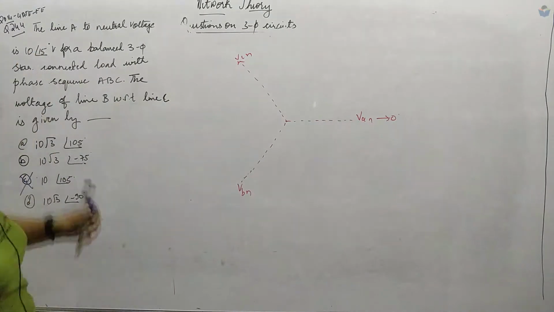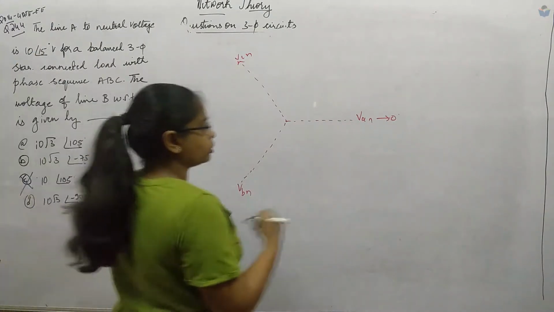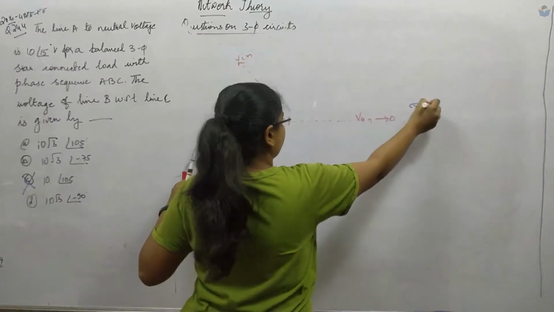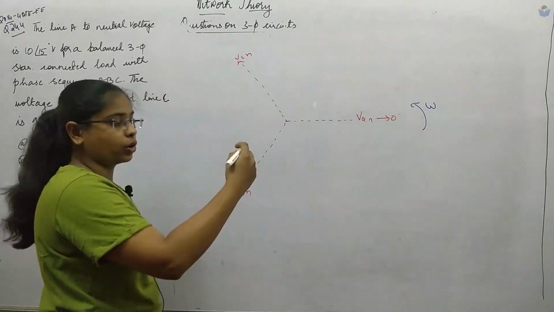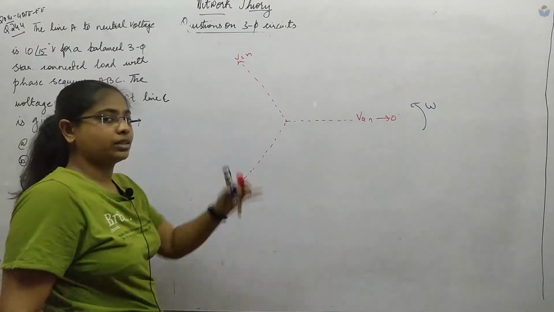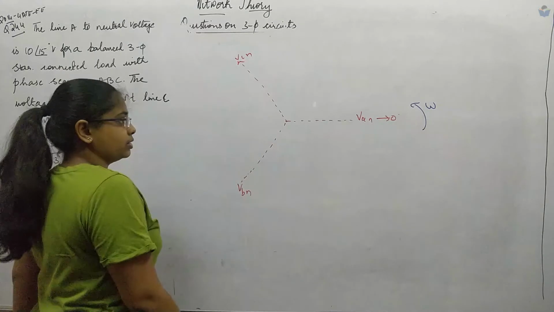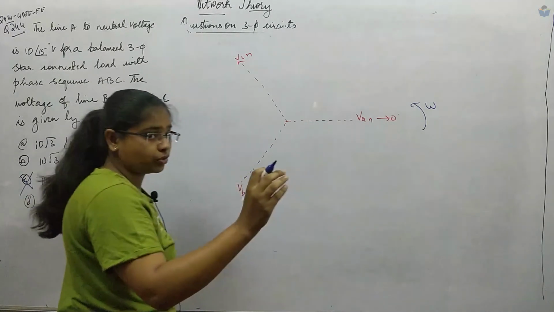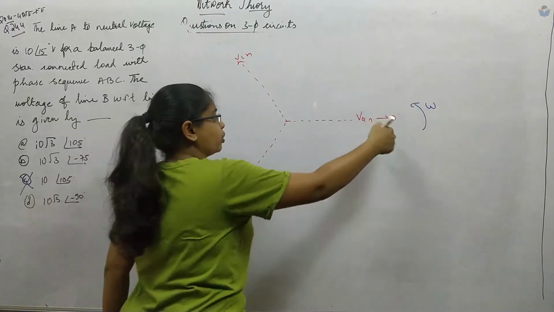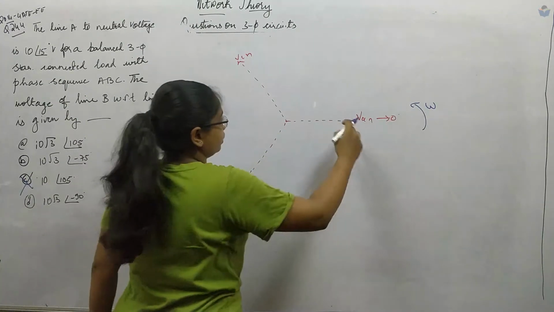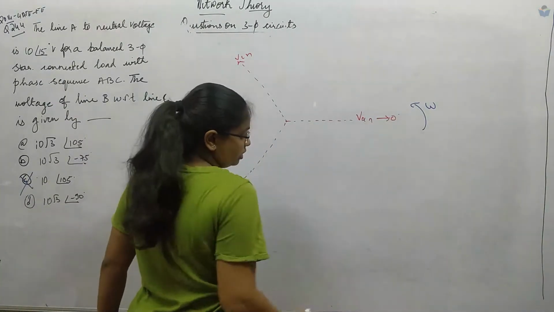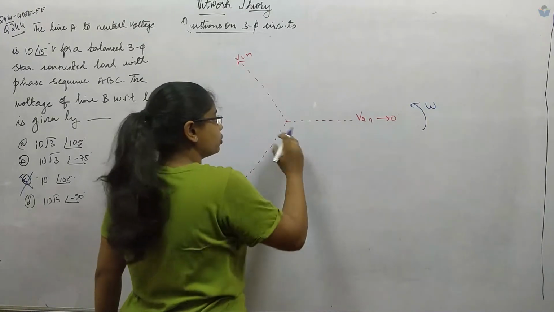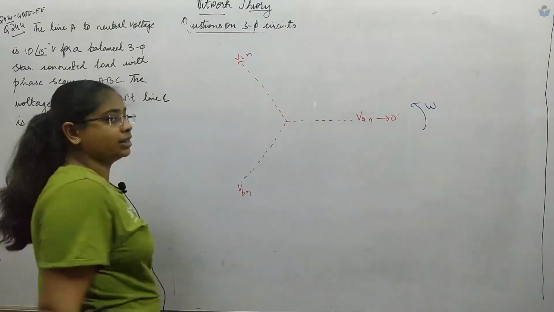It's a positive angle, 15 degree. So our phasor rotation is in this direction, anti-clockwise. Sorry, when you go anti-clockwise, it is not positive phase sequence, I meant to say positive phasor rotation. Phase sequence will go in this direction, clockwise. So now everything we will shift by 15 degrees.